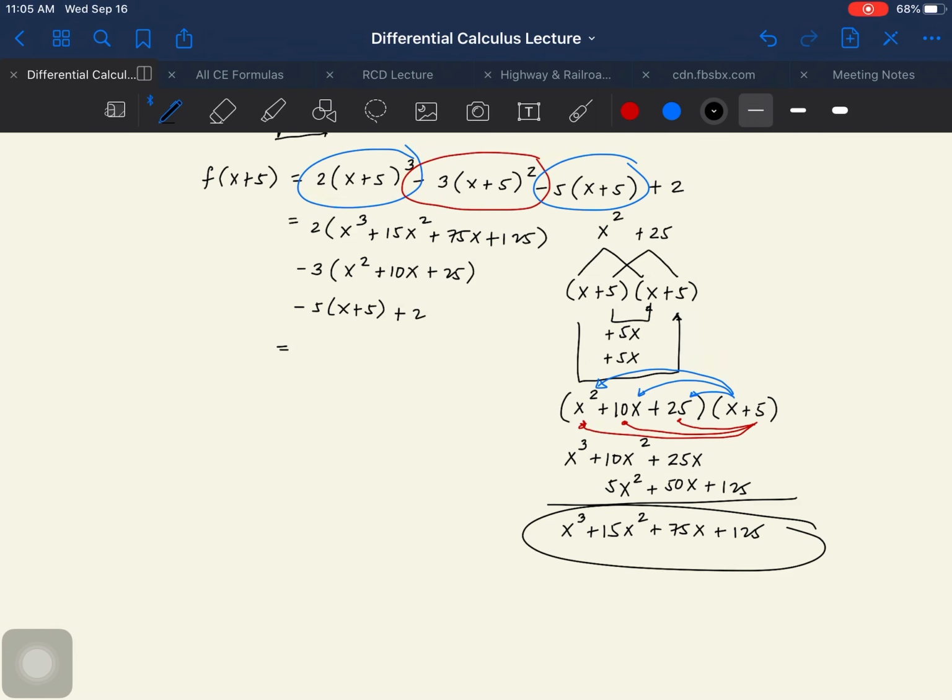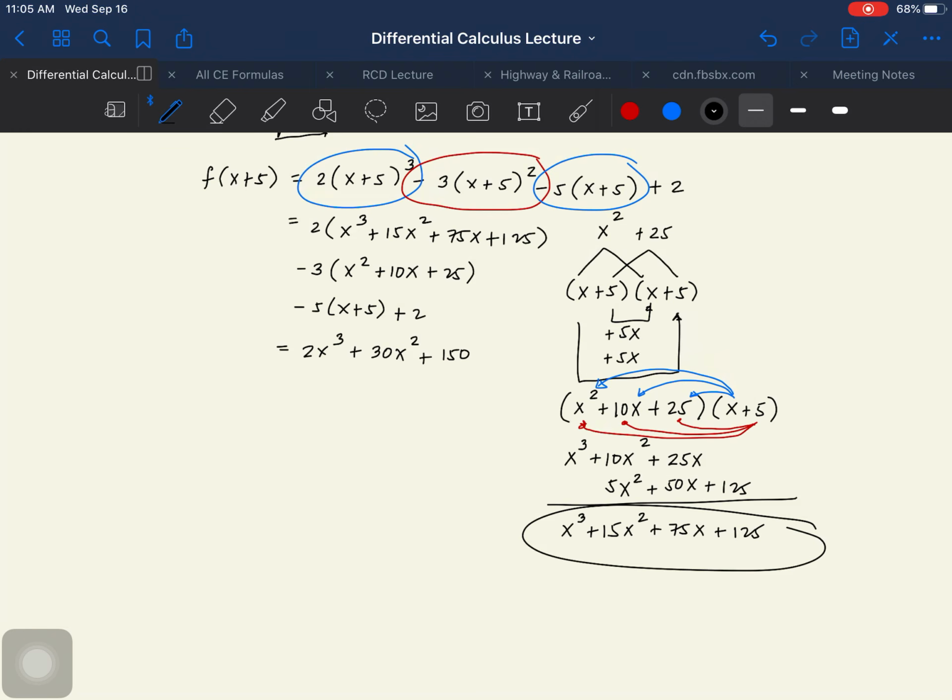Okay, so let's distribute the first one, that is 2x cubed plus 2 times 15 x squared, that is 30x squared, plus 2 times 75x. So what is 2 times 75x?